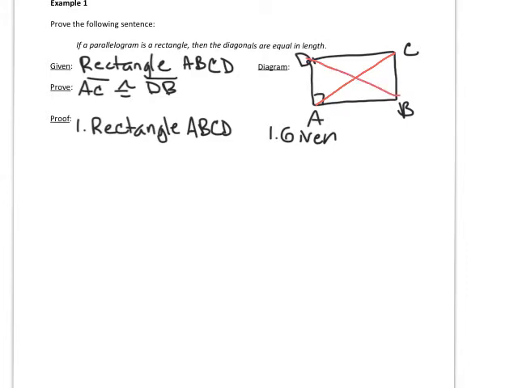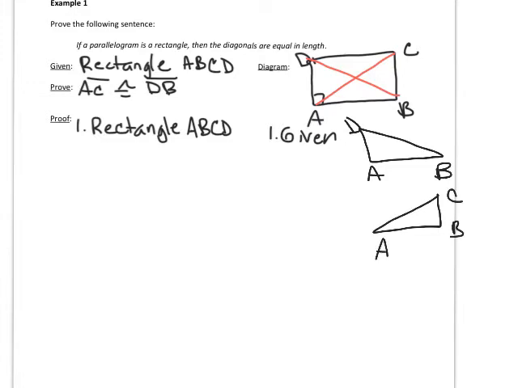To do this type of proof, I'm going to break these overlapping triangles out so I can look at them. I really have triangle ABD, and triangle BAC, or however you want to say it, DAB and CBA.